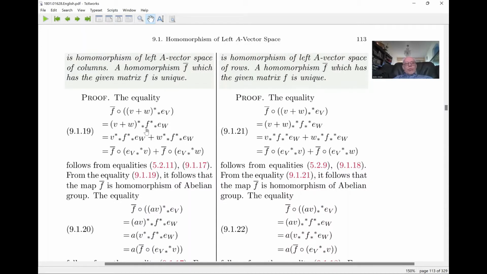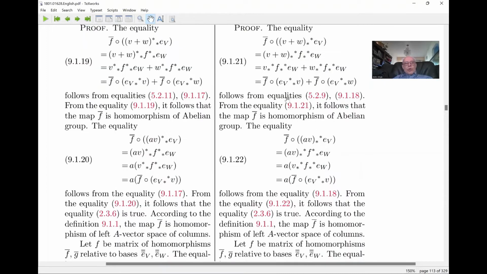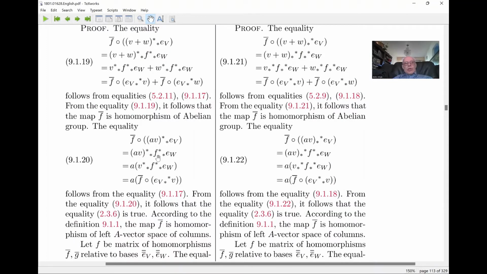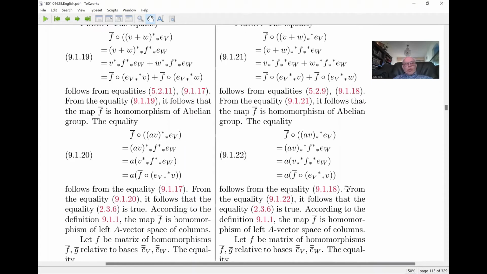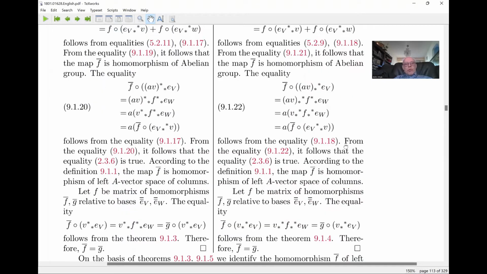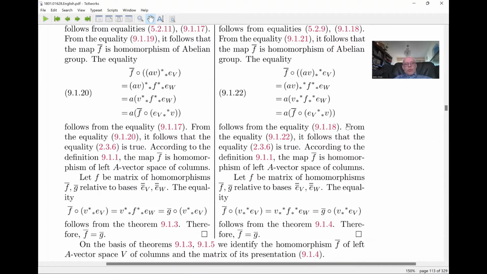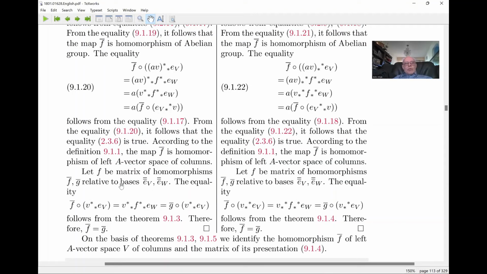From properties of product of matrices, it follows that image of sum of vectors is sum of images, and image of product of vector over scalar is product of scalar and image of the vector. According to the definition of homomorphism, the map F is homomorphism of left A vector space of columns. Let F be matrix of homomorphisms F and G relative to basis e_V, e_W.